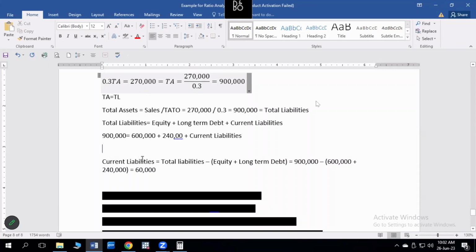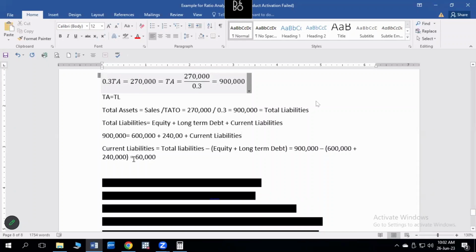This is the subject, subject meaning the first term in the equation. The current liability is equal to total liabilities minus these.